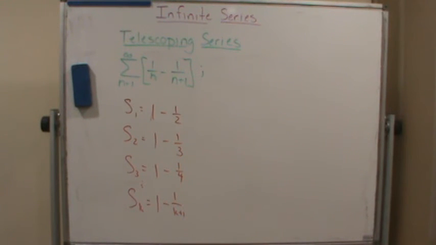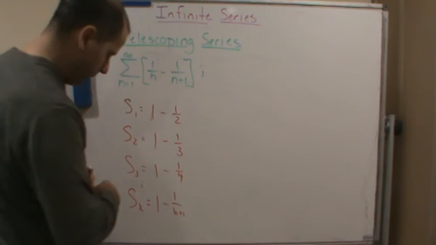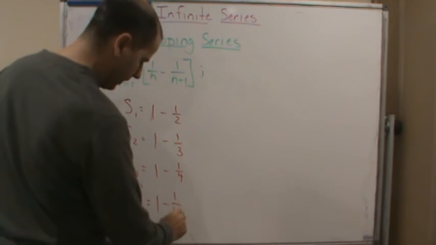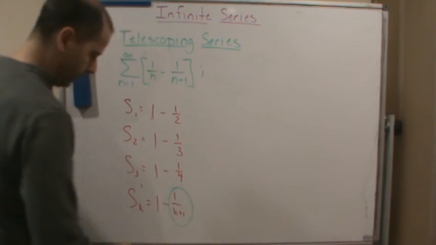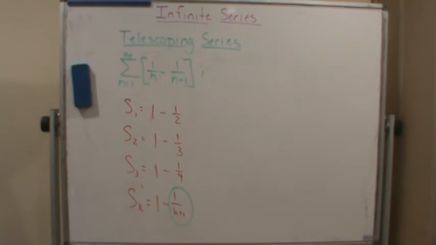Now, what happens as k goes to infinity? This term, 1 over k plus 1, goes to 0. So what does that mean?